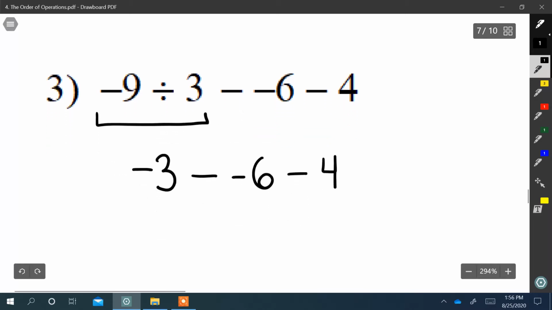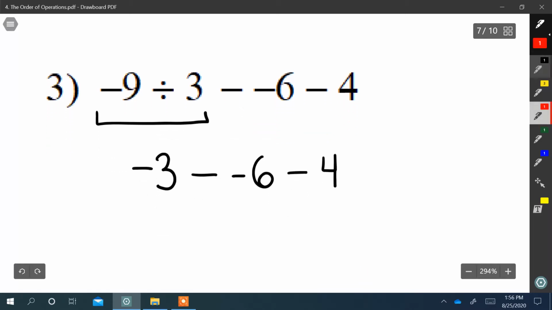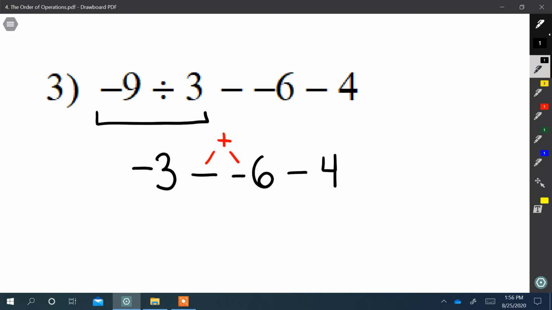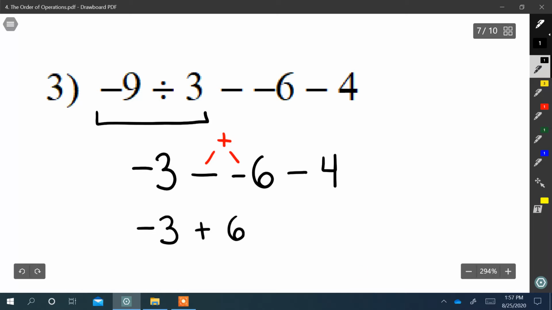Okay, so let's do this very carefully. Remember, we want to do left to right, so we're going to do this first right here. According to KCO, or what I just showed you, if you have two negatives like that, you can turn that into a positive. It's the same idea. So it's going to be negative 3 plus 6 minus 4.